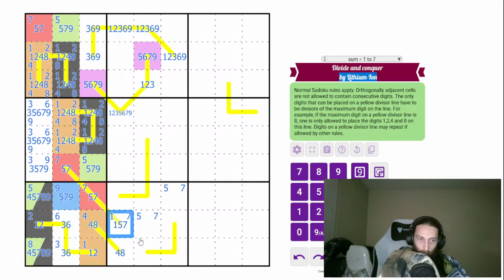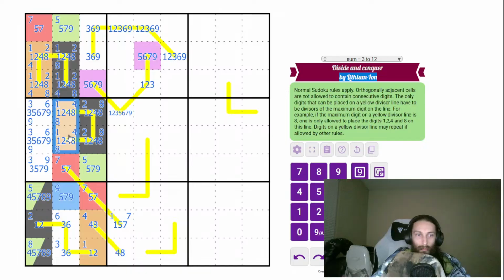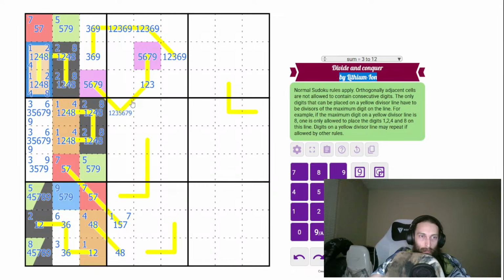But that can still be a 1. Okay, the 1, 4 for orange at the bottom of column 3 makes that the 2 and 8. 2, 8.